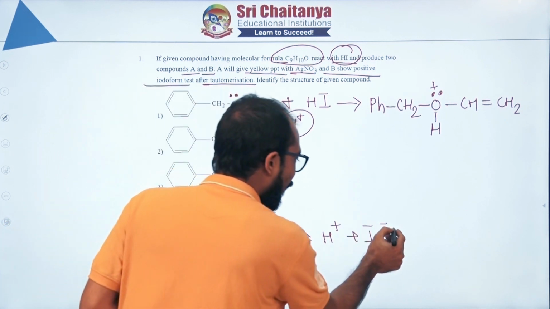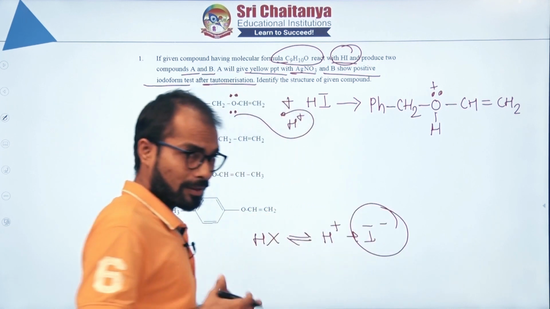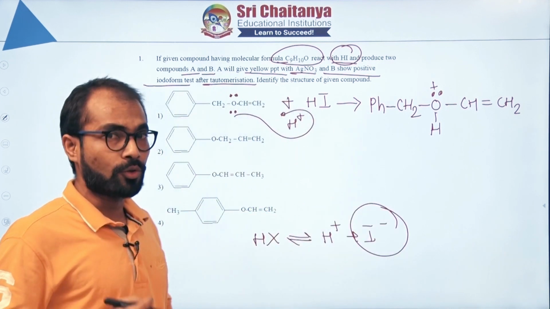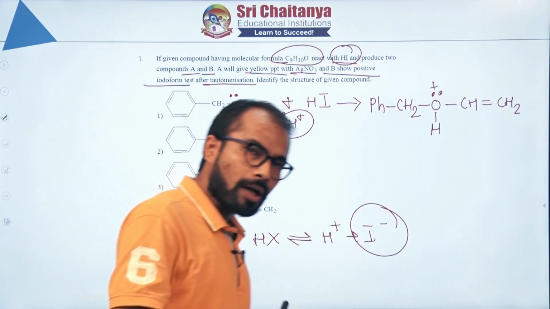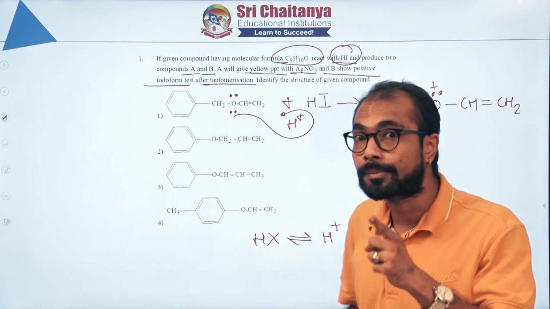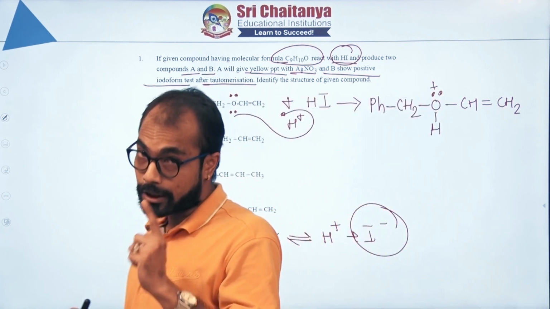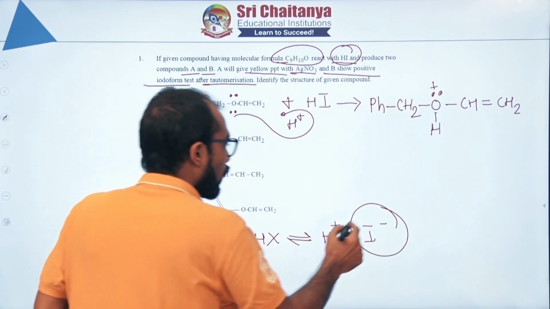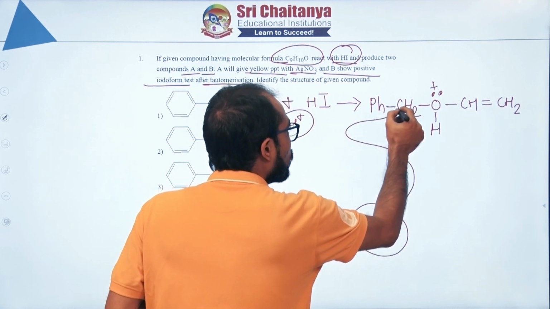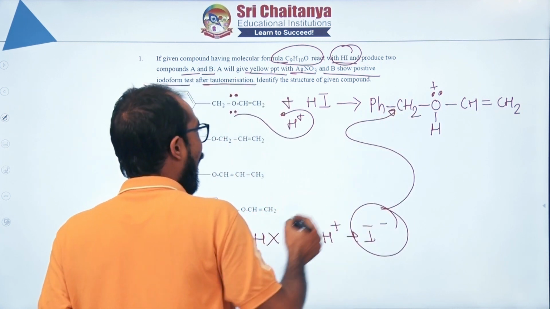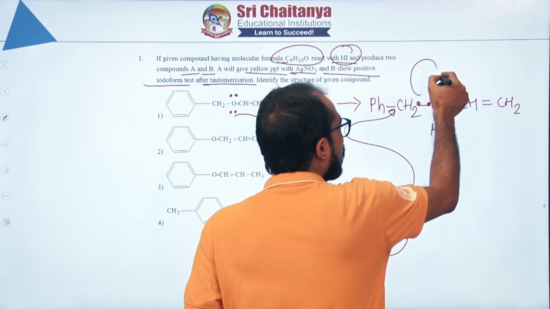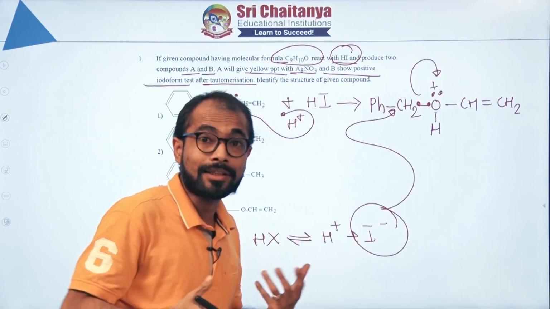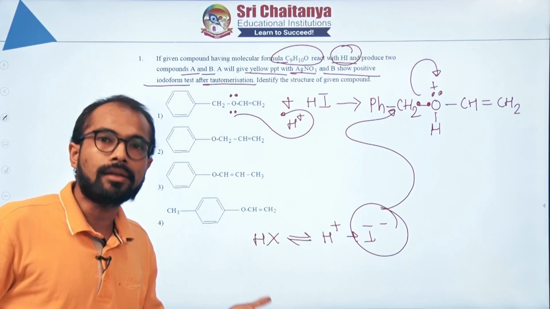Now, what do you have again? We have this particular thing, this is my nucleophile. Now, this nucleophile is going to attack at the carbon. Now, this is the key, people. Which carbon will it attack? It will attack at the sp3 carbon. So, if it attacks from this side onto this carbon, and this bond pair shifts over to the oxygen, this is how oxygen is going to regain the electron.